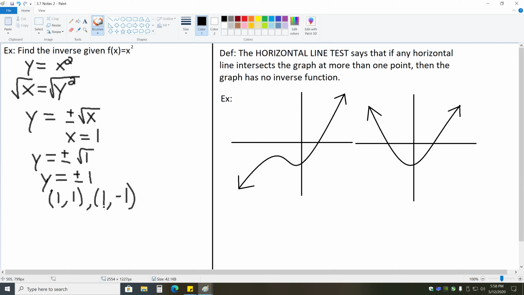Notice that we just repeated our x value with different y values. That means this is not a function. If it's not a function, it cannot be an inverse function, meaning the inverse does not exist.